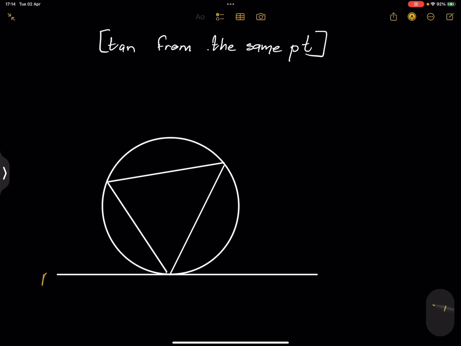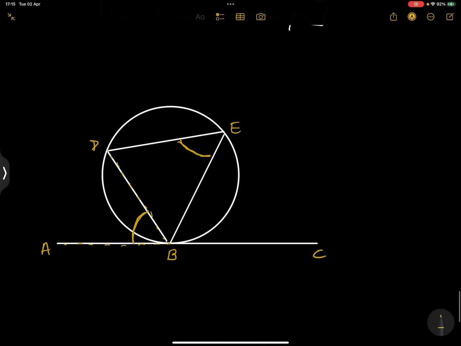Now suppose this is our tangent ABC, and let's say this is D and E. If I take this angle over here, there's my tangent, there is my chord, the angle that is opposite that chord, which is that one over there, would be equal to that angle there. So we call this the tan chord theorem.